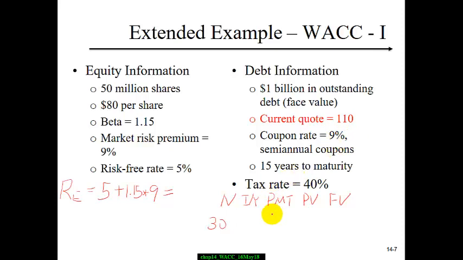So the payment is 90 divided by 2, $45. Bond price is quoted as a percentage of par value. 110% multiplied by 1,000 means the bond price is $1,100. We put 1,100, and we also put a negative in front of PV. Lastly, par value is 1,000.